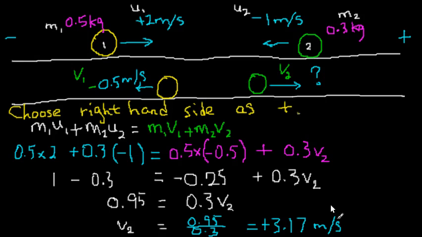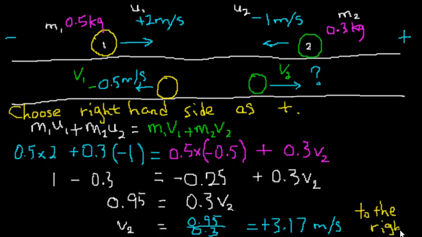After getting the final answer with a plus sign there, it's better to give a simple description of what this answer means. So instead of just leaving the answer as it is, I can say that the answer is 3.17 meters per second, and add the words to the right.